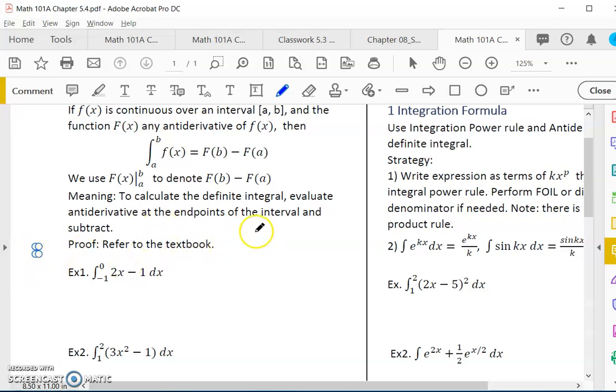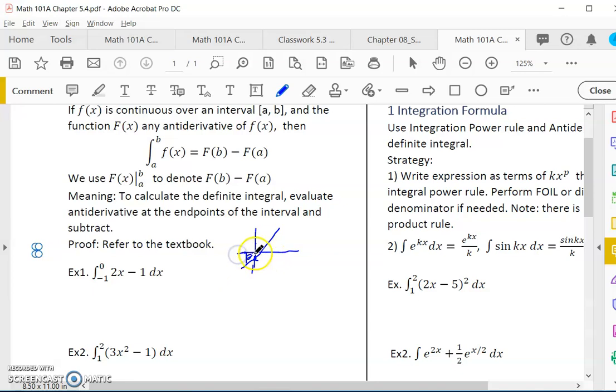Maybe I'll put it here. I have a line 2x minus 1, and I want to find the area from negative 1 to 0. So negative 1 is here, and 0 is here. So if you graph it, it's actually a negative area, right?